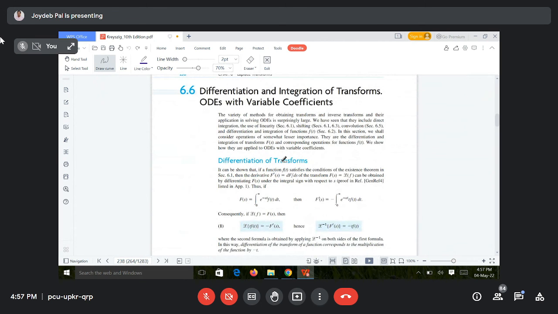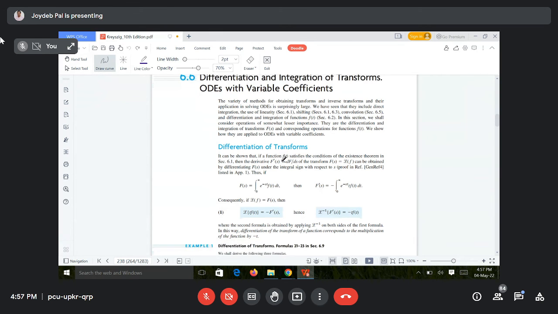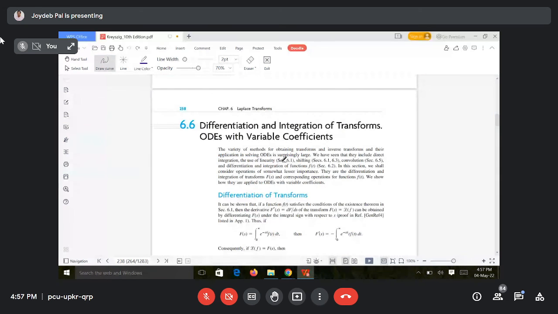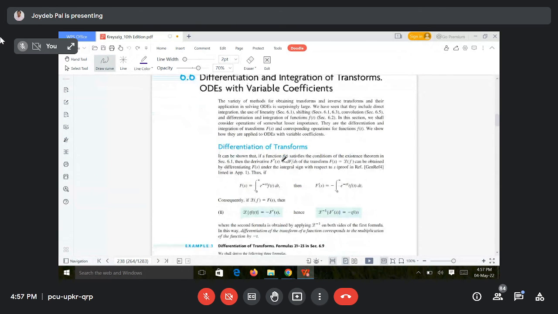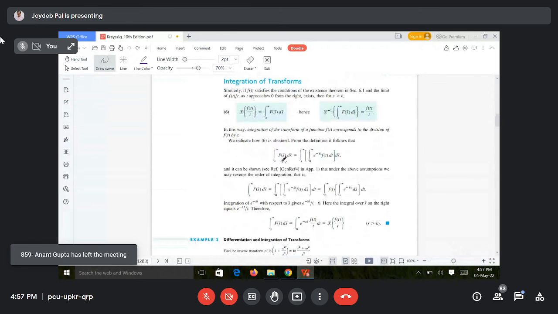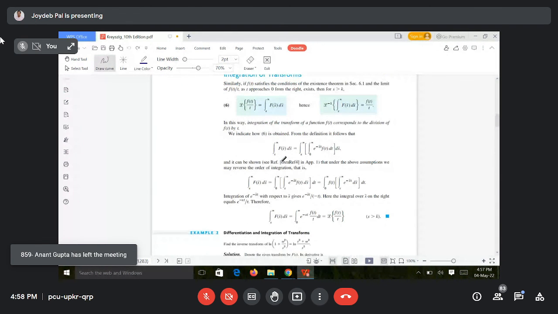There are 2 more sections, 6.6 and 6.7. In that section also there are some new types of formulas related to derivative and integration of fs.